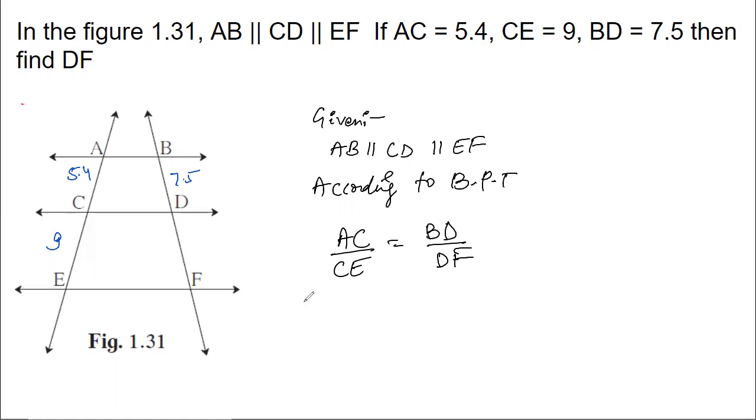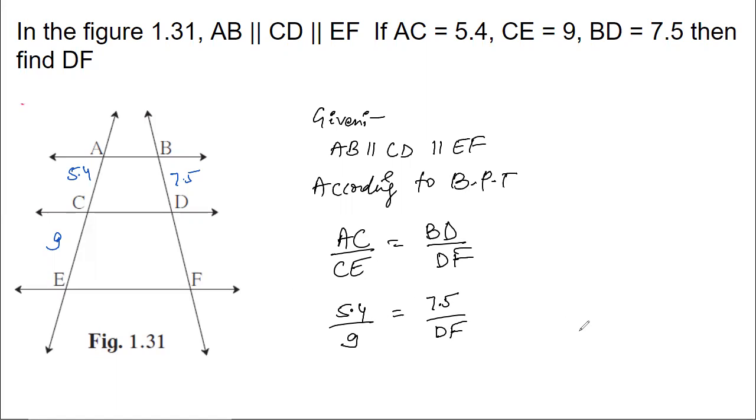Now, let's put the values to find out the value of DF. AC's value will be 5.4. CE's value will be 9. BD's value is 7.5. And DF's value is DF only, because we do not know the value of DF.